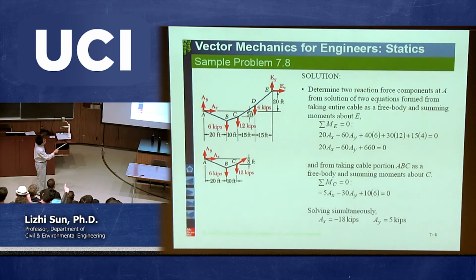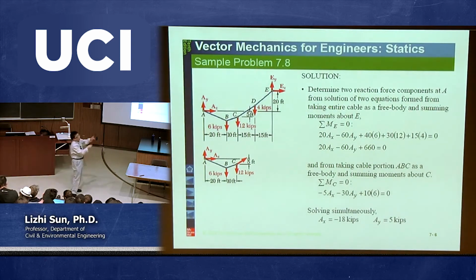So this is the 5, but going down, 6, 12, that's 18 plus 4, 22. So all three forces going down 22, one force going up 5. Then what is this force? This is going to be 22 minus 5, 17. So EY is going up. The magnitude is 17.